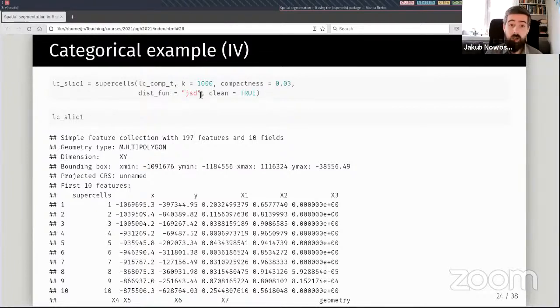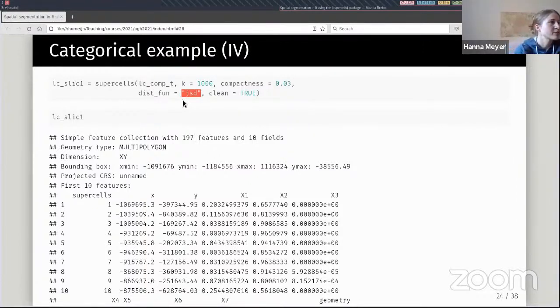But there is also a third option. Here you can provide your own function. So instead of a string or text, you can just provide a function which takes two values as an input and returns one numeric value as an output. So even if you have your own distance that only you know and only you use, you can still use this distance in this package.